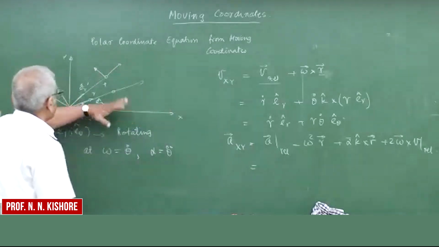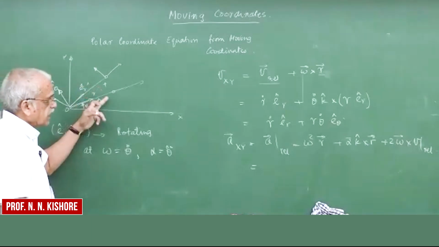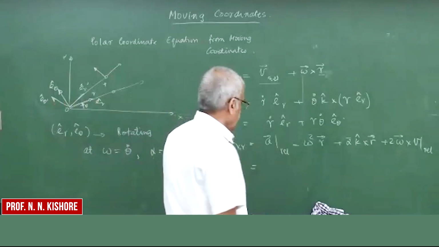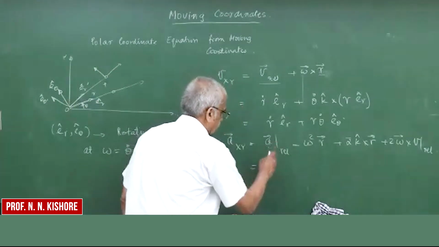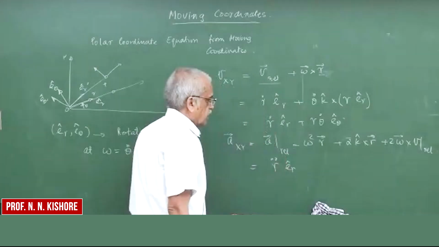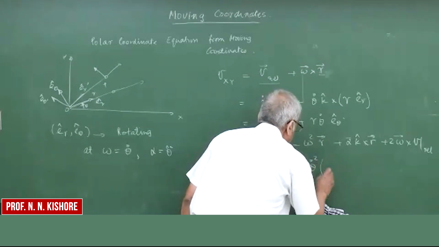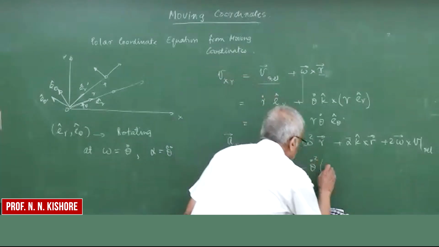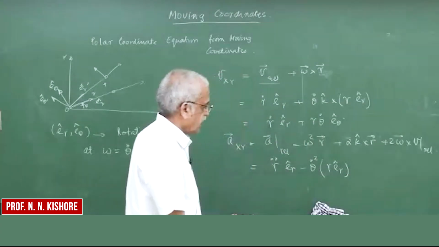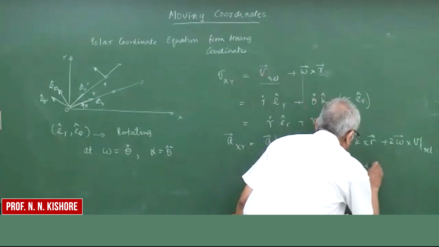What is the particle doing in the rotating frame? The particle is always moving along ER, its velocity is r dot and its acceleration is r double dot. So this is nothing but r double dot ER. And this is theta dot square, and what is r? R is nothing but the vector r ER. Now coming to alpha k.